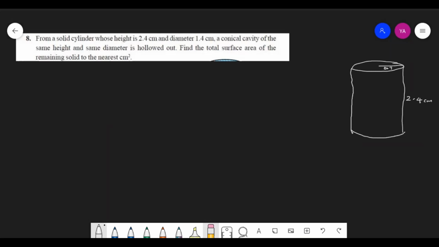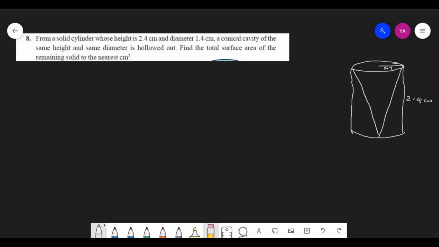Then what is told? A conical cavity of the same height and same diameter is hollowed out. Hollowed means scooped out. So we want to take a conical cavity with the same diameter.